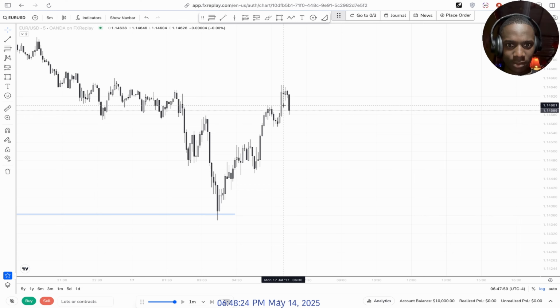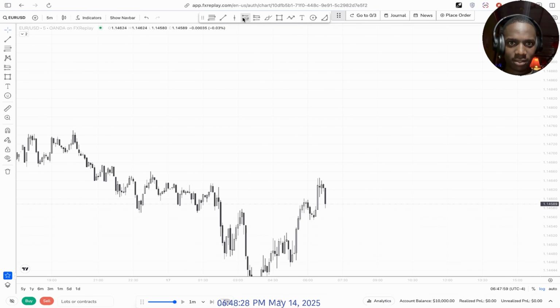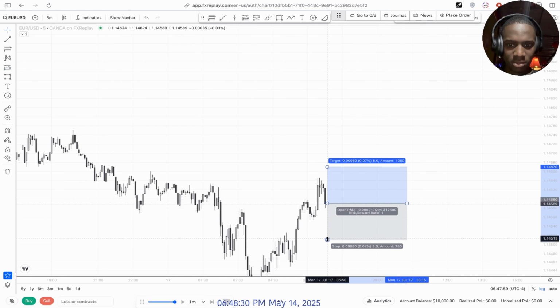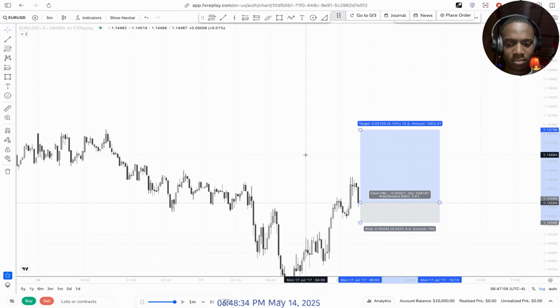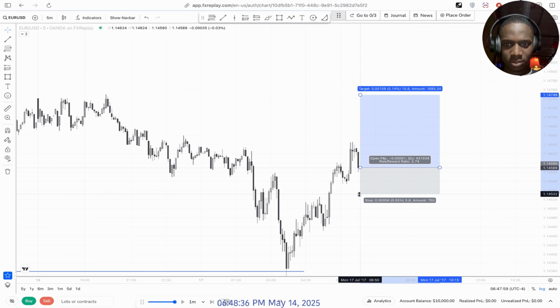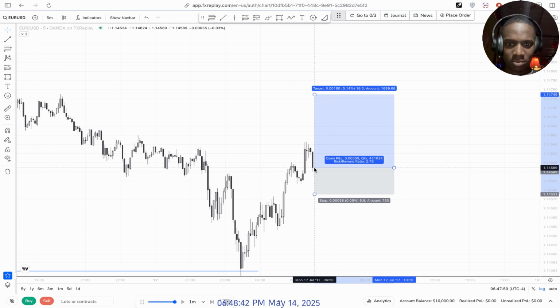You can also see another retest here. Target this recent high and see if you can. So will this be a good trade? I also don't know. Targeting here and having stop loss somewhere here. Well, we're still in London, so maybe no sharp moves might happen. Let's see.